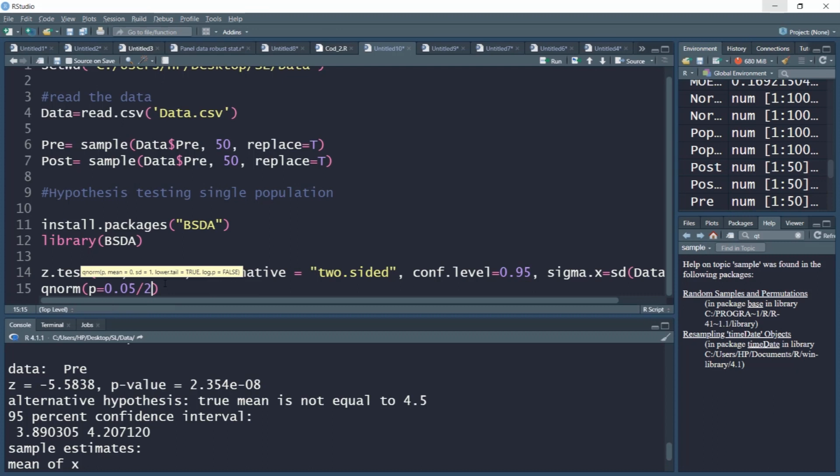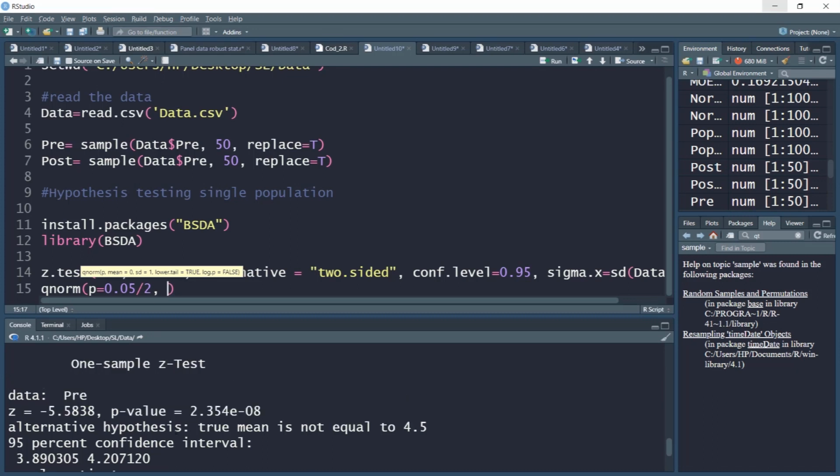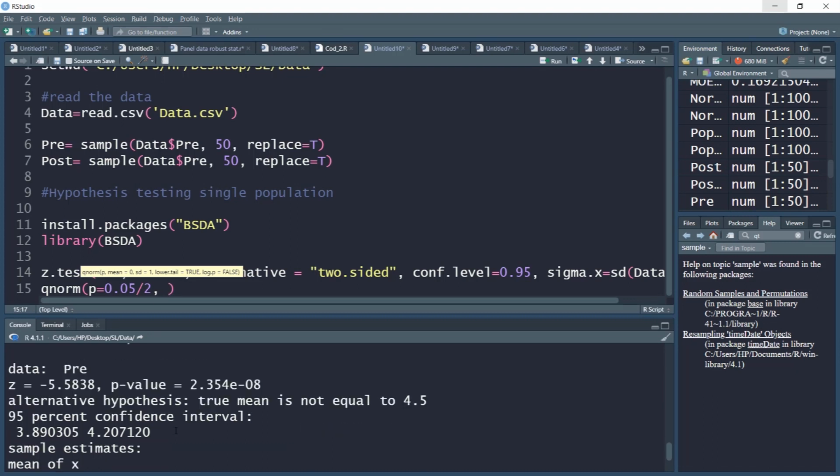Because it is a two-tailed test, so 2.5% significance level on both tails. Also, please notice that this z value is negative. Even though we are conducting a two-sided test, it indicates that the mean is much lower than 4.5. It is on the lower side, considerably lower side. And therefore, it would be more appropriate to put this lower.tail argument as TRUE.